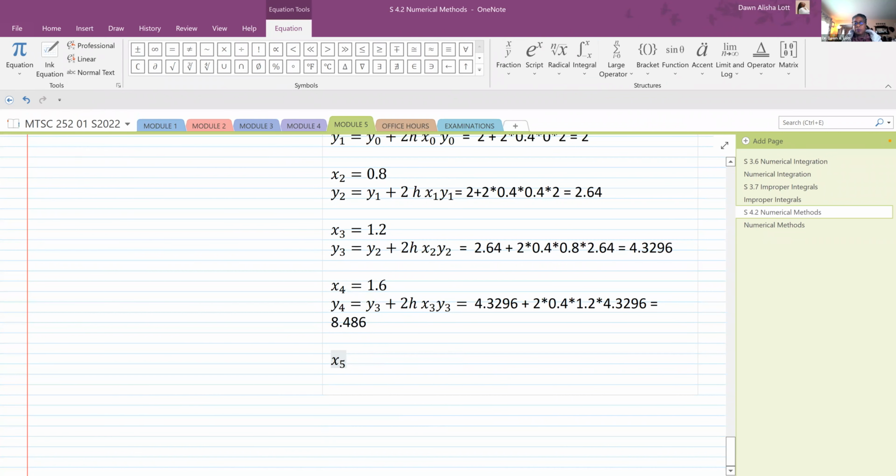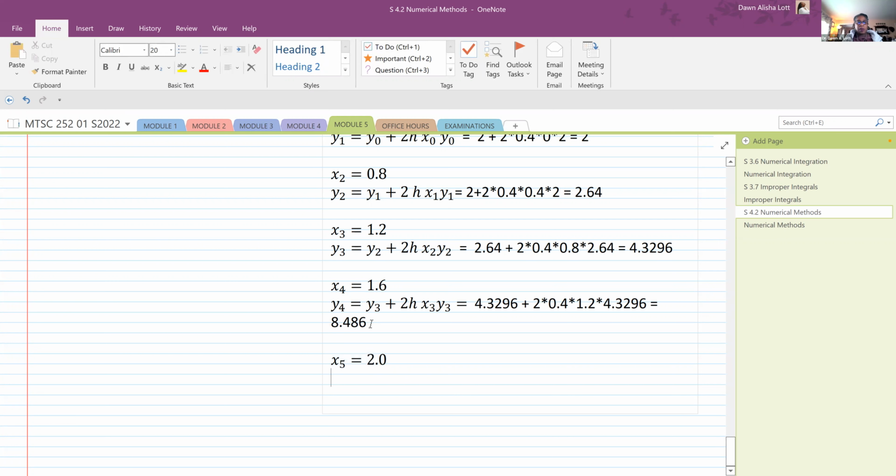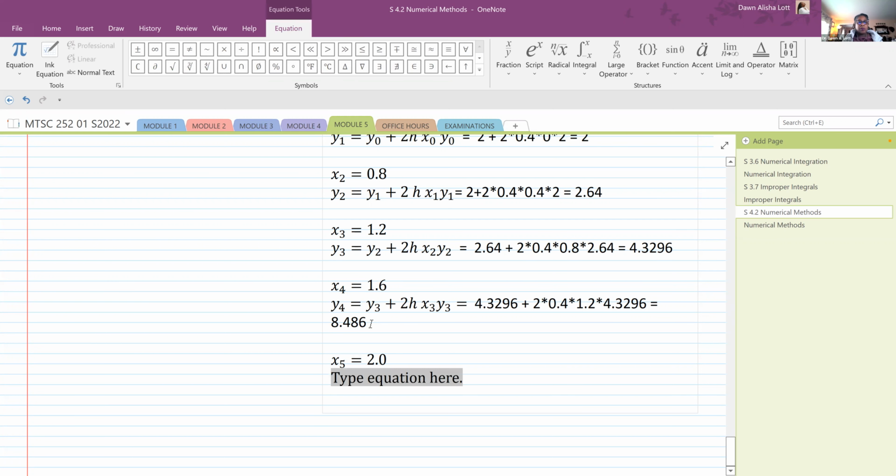x5 is equal to 2.0. And y5 is equal to y4 plus 2 times h times x4 times y4. And that is equal to 8.486 plus, that won't add.